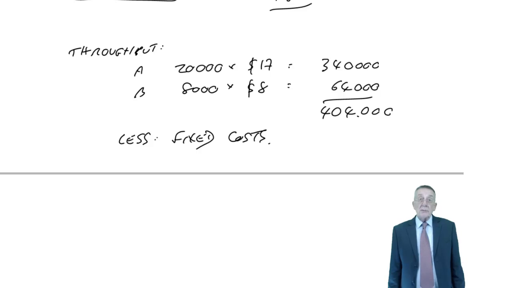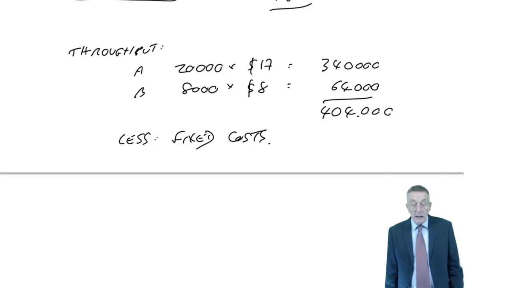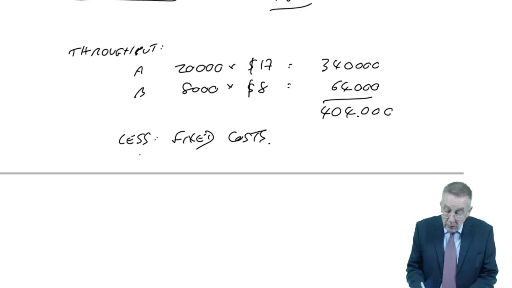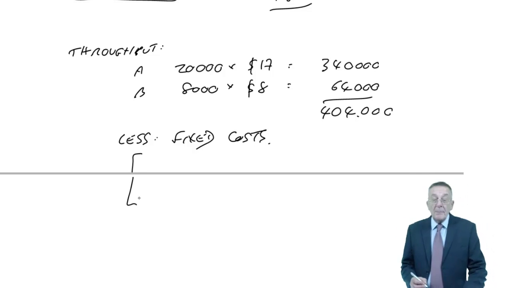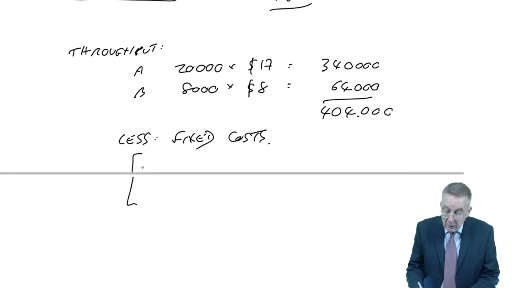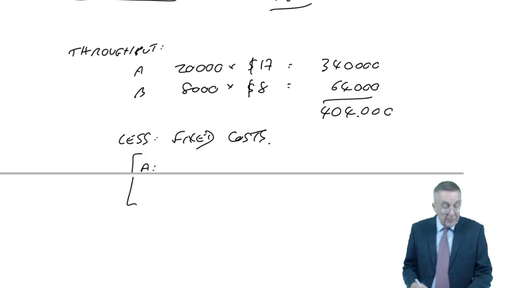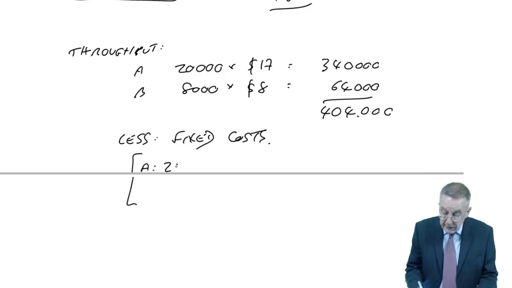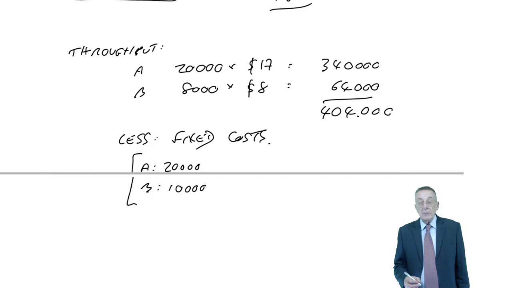If you're not told, which yet again, for the 10th time, is unlikely, we make the same assumption as before, that the costings were done before we knew there was a problem, so we were thinking we'd make 20,000 A's and 10,000 B's, the full demand.